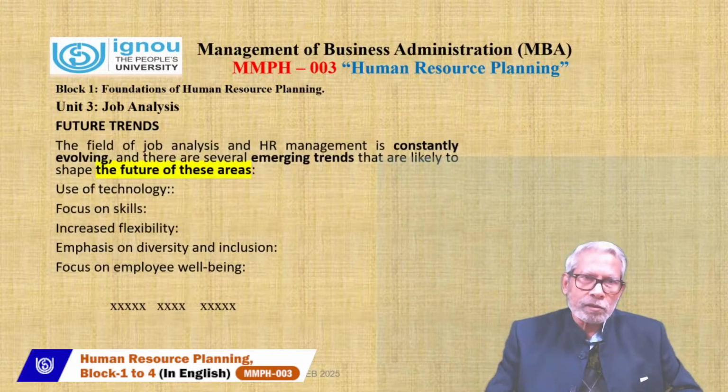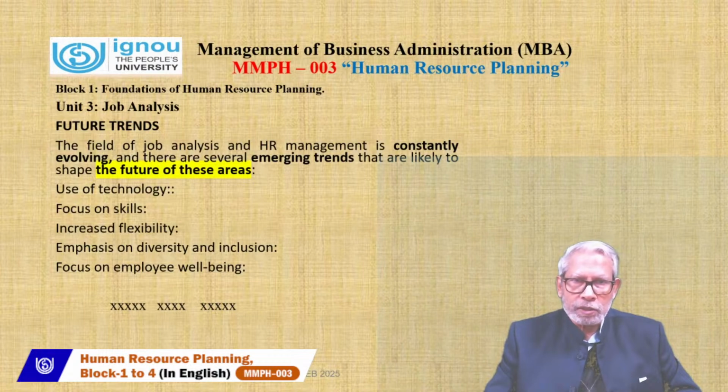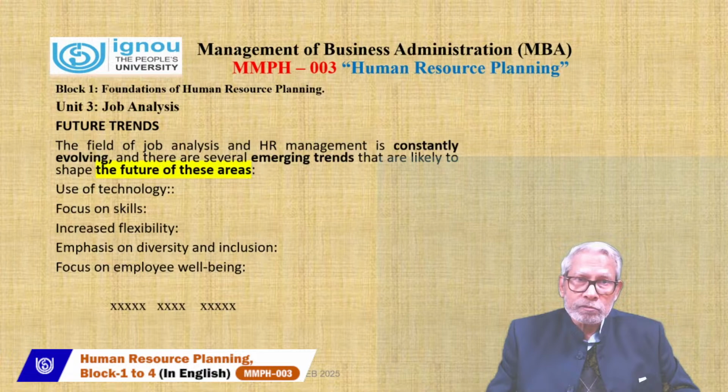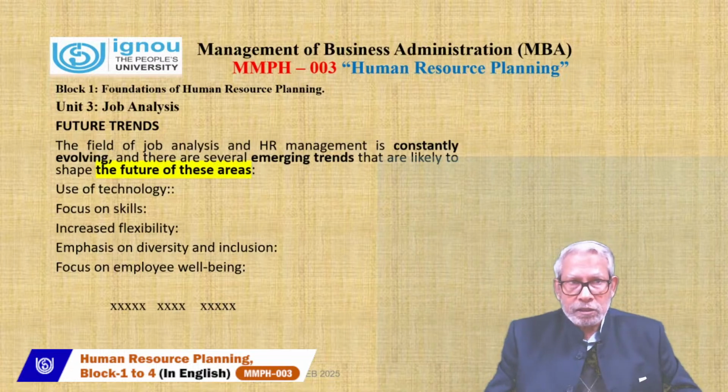Now the future of this area, we have to look at the emerging trends. That is the use of technologies, how to utilize the technologies, how fast we can adopt the technology. You have to adopt these things. Then focus on skills and increased flexibility, emphasis on diversity and inclusion, and focus on employee well-being.